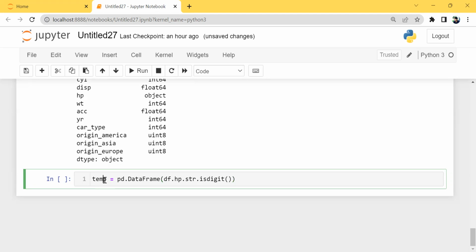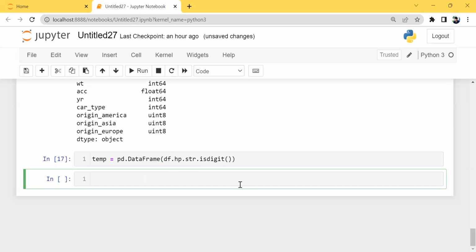We are creating a temporary variable. This is temp, and I'm saying pd.DataFrame of df.hp.str.isdigit. So what I'm saying is, make this a data frame, and in our data frame df, in this particular column, that is the HP column, I want to check whether there is any string involved or not. So if I press Shift Enter, what happens?